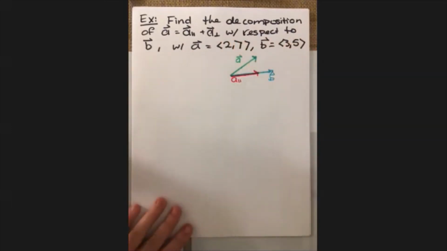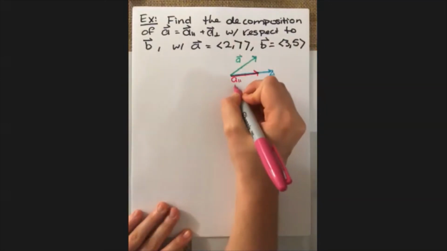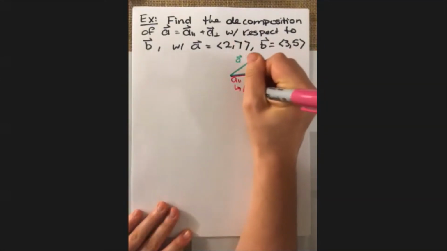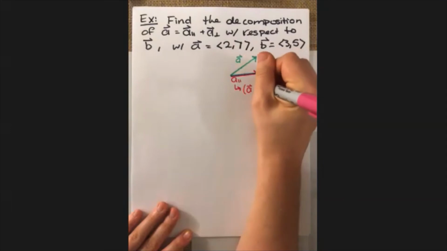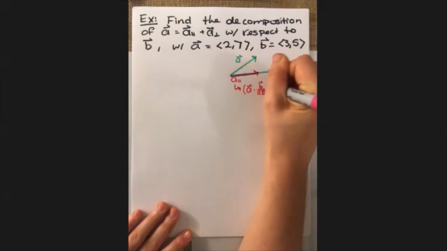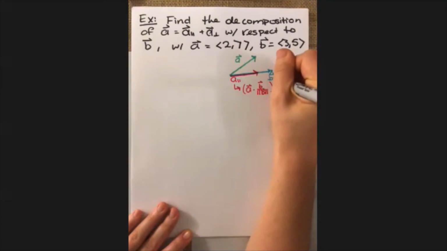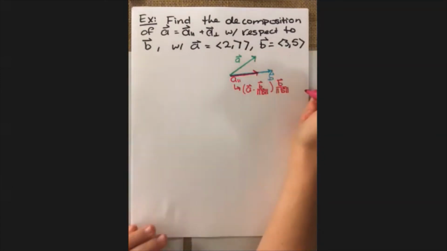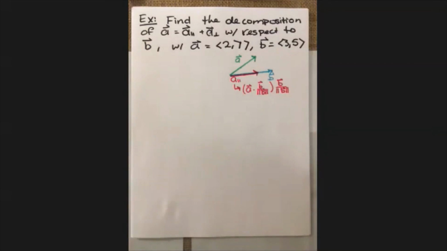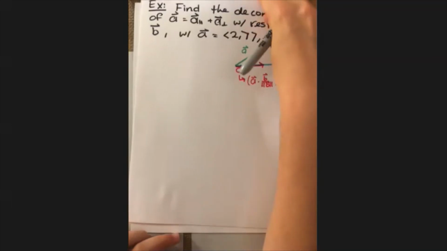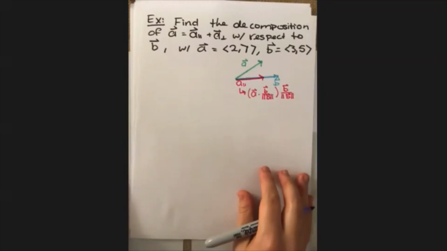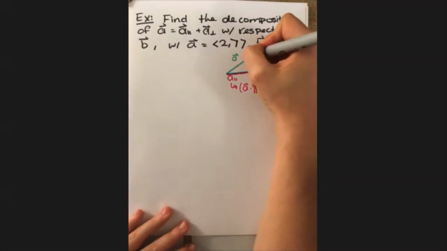Since it is just the projection, we do have that formula for it that we can use. That's going to be A dotted with B divided by its length, and then multiplied by B divided by its length again, just like so. The other piece of this decomposition is that perpendicular leg that gets left over, or the vertical part.